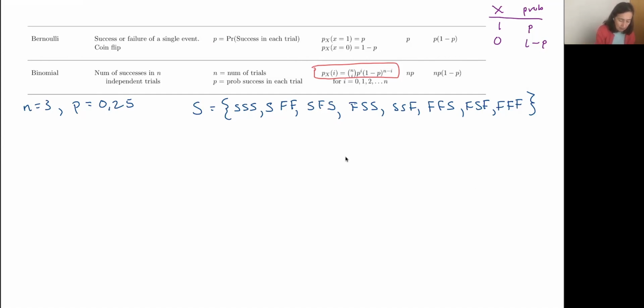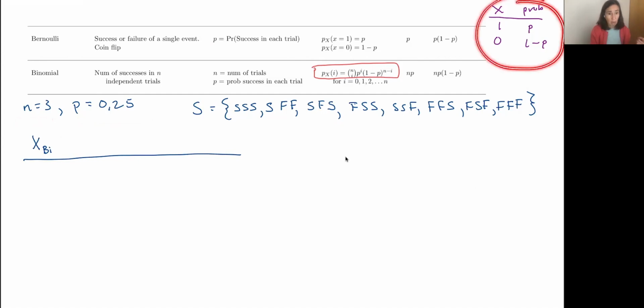So for our random variable, I'll put the Bi down there to remind us that it's a binomial with n equals 3 and p equals 0.25. So n trials, success probability 0.25. And I want to do the table of probabilities the same way we've always been doing.